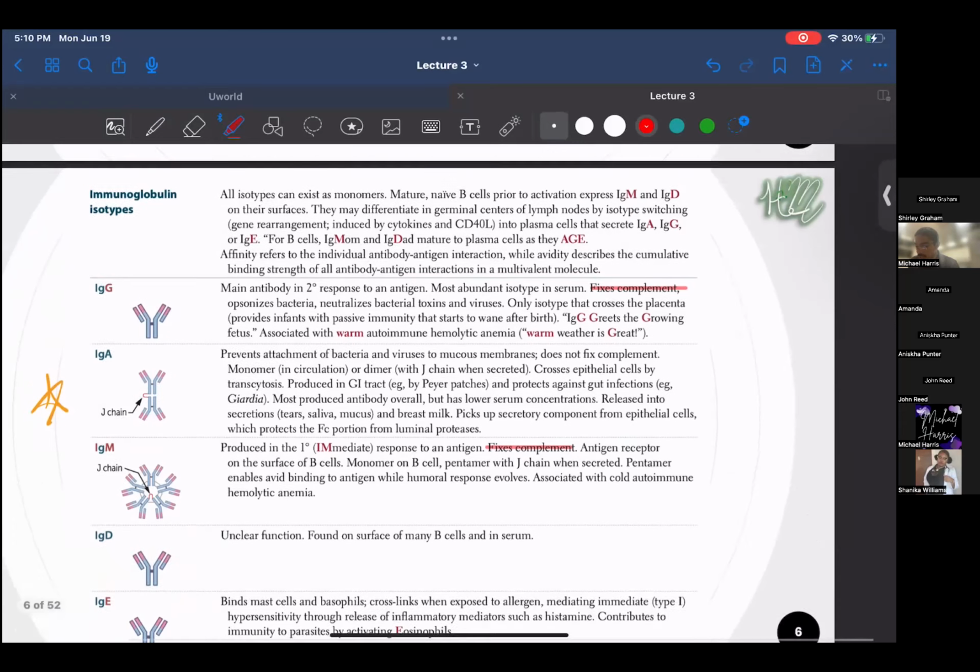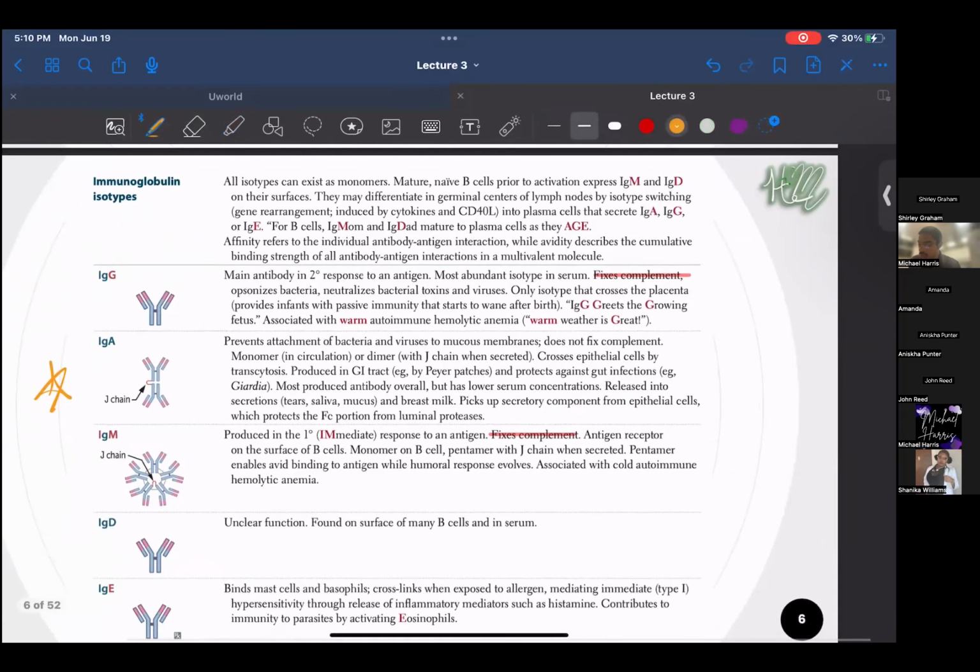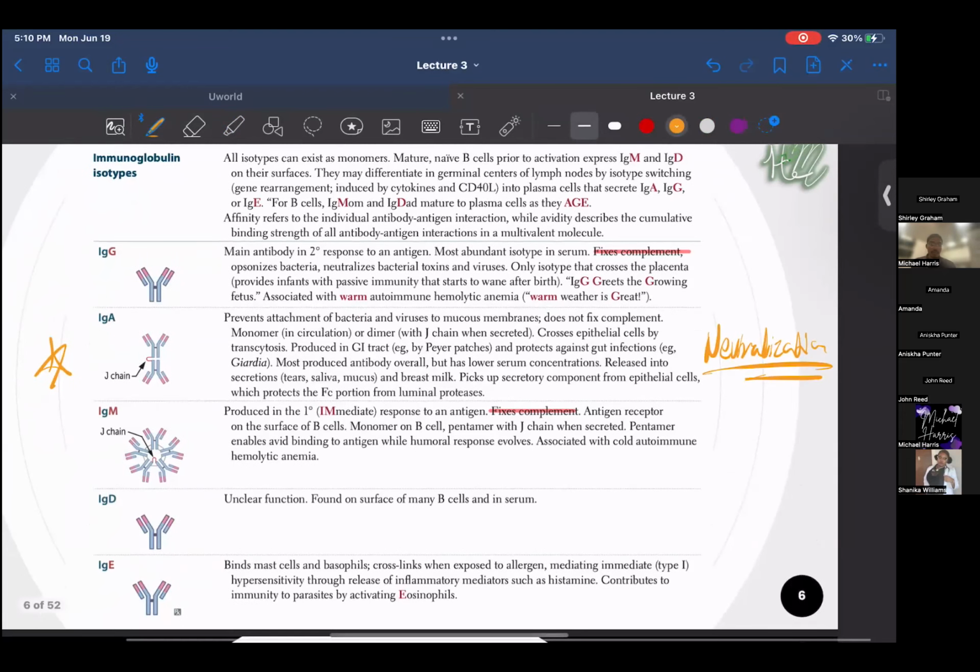I guess other things we can ask to kind of tie this together. Which one of these do you think would be really good for neutralization? IgA, IgM, IgG, or IgE? What do you think would be really good for neutralization?